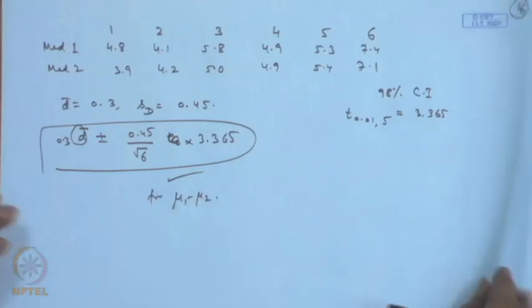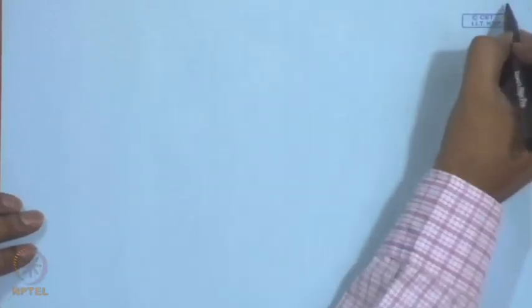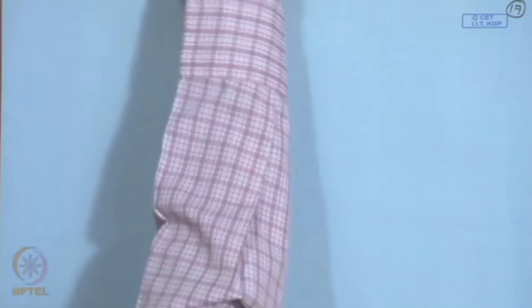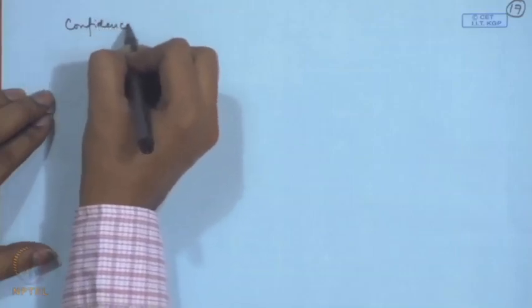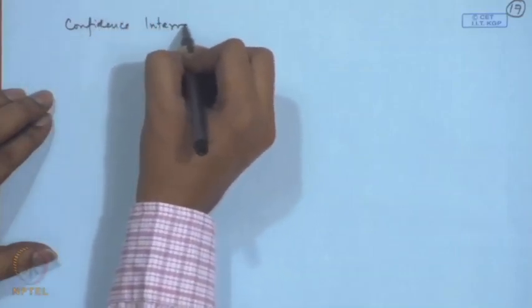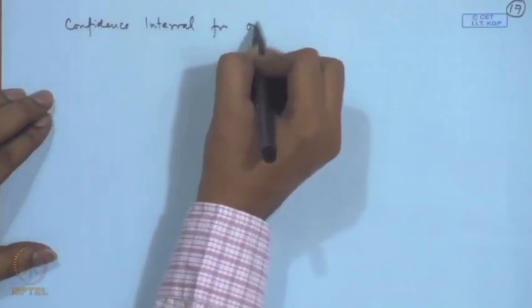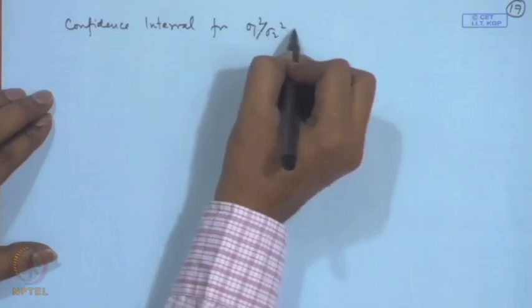Let me quickly also introduce the confidence interval for the comparison between the variances. Confidence interval for sigma 1 square by sigma 2 square.